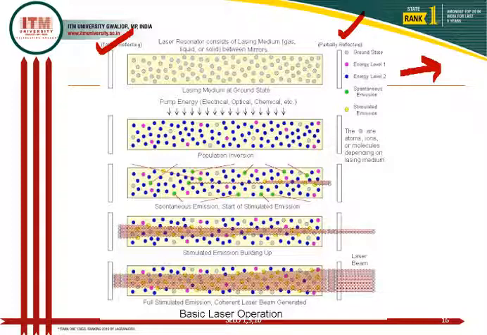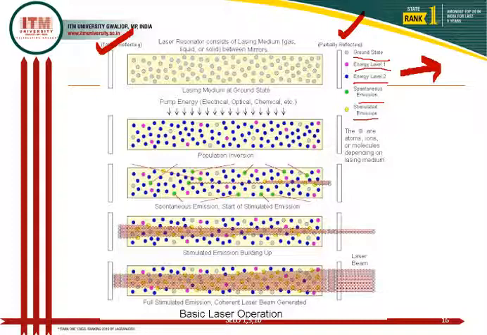We have shown all the material with 3 colors. The gray color shows the ground state, which you can see in the first figure, then energy level 1 and energy level 2 in different colors, purple and blue, and finally green for spontaneous and yellow for stimulated.